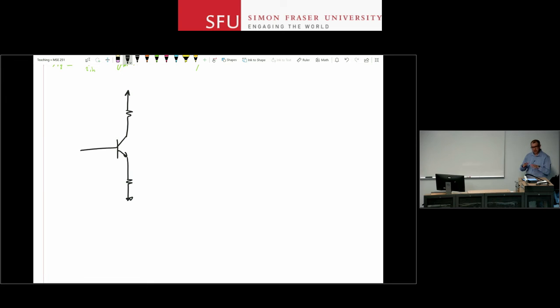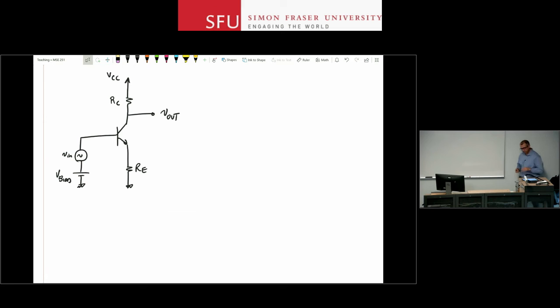So instead of having the emitter directly connected to ground, I have a resistor there. I still take the output from the collector, but now I have a resistor in the emitter terminal.